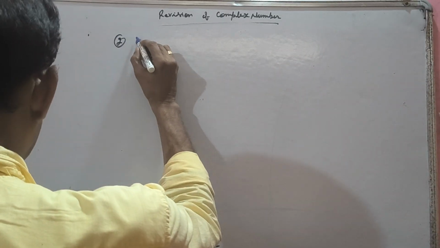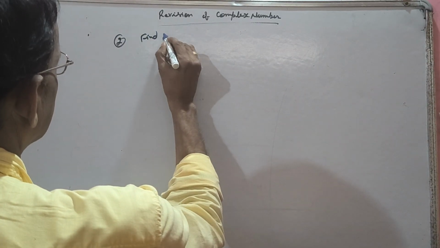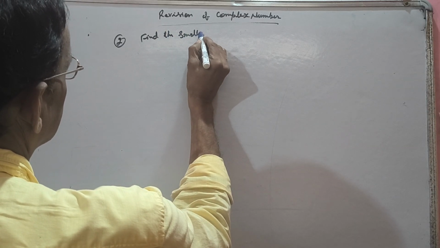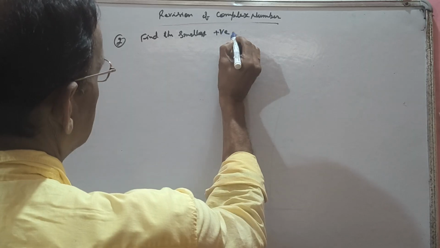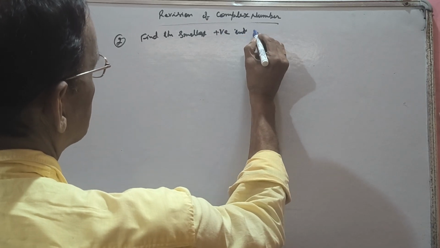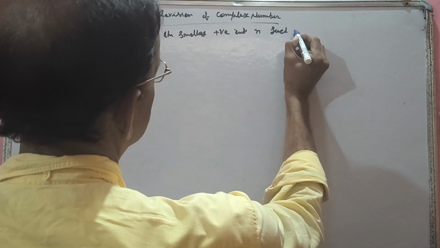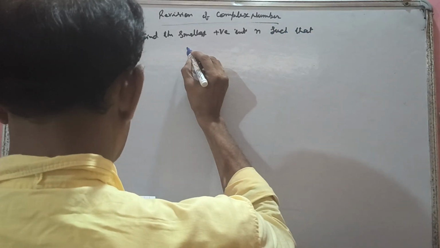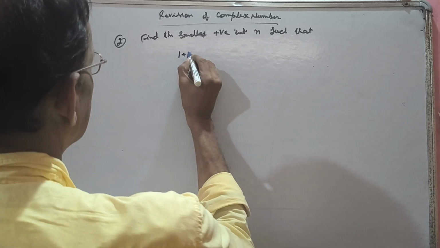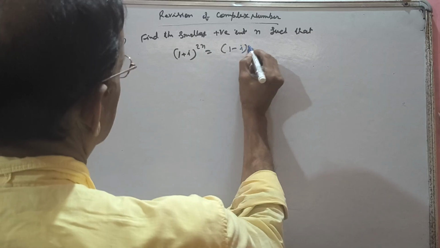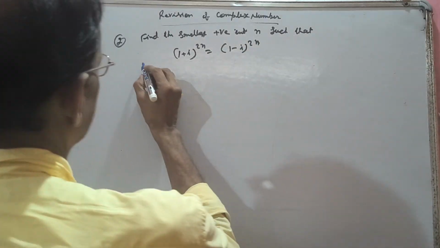Question number 2 is: we need to find the smallest positive integer n such that (1 plus i) to the power 2n is equal to (1 minus i) to the power 2n.